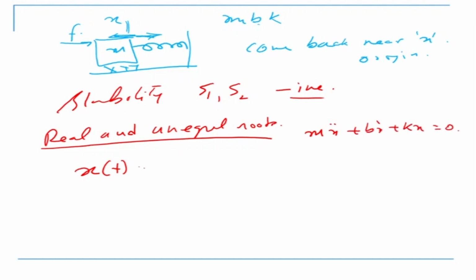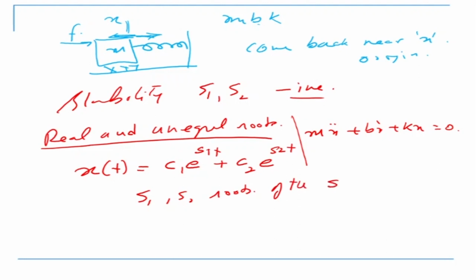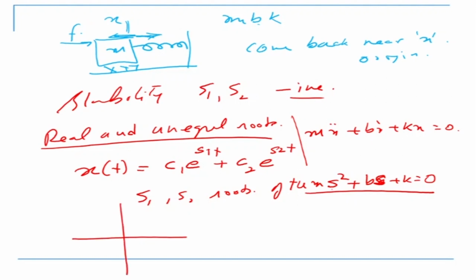The solution will be of the form c1 e raised to s1 t plus c2 e raised to s2 t, where s1 and s2 are the roots of the equation m s squared plus b s plus k equal to 0. Where are the two roots going to be? The roots are going to be negative, because m, b, k are positive.